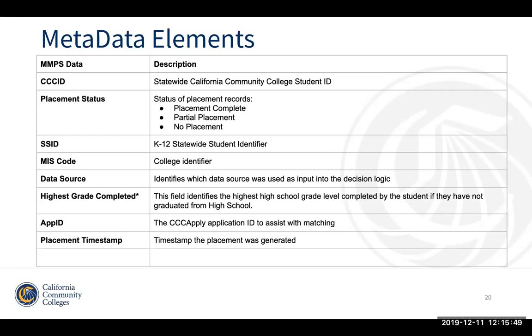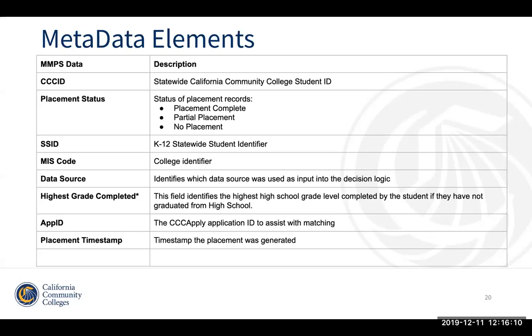We provide a placement status that basically has one of three values. Placement complete is defined as we have all of the information that would allow us to provide both the AB 705 recommended level of support, as well as the higher level math eligibility.